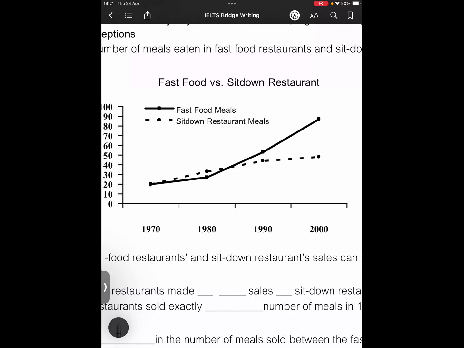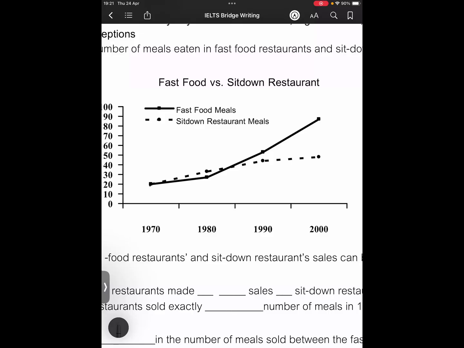Okay. Now, if you look at the year 2000, you will see a big difference because fast food restaurant made very high sales figures. It is almost 90 units of sales, whereas sit-down restaurant sales figures were very low.